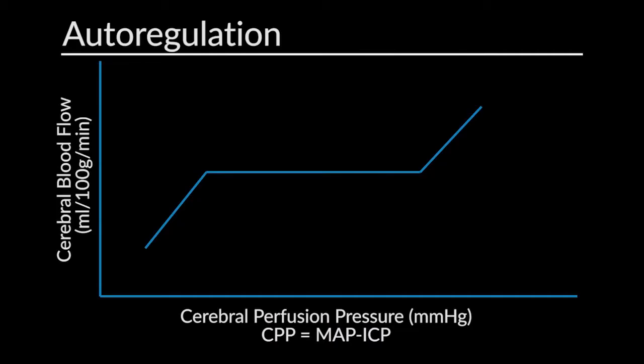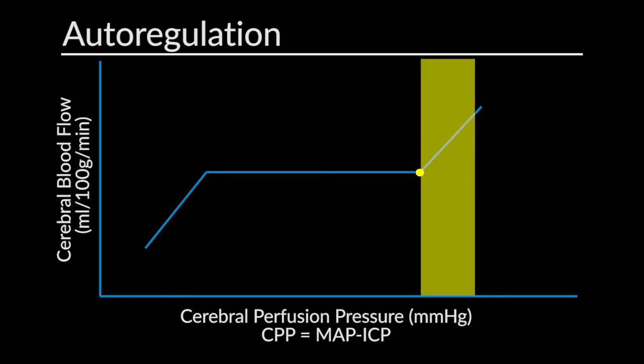But you can see here the concept of autoregulation in the brain, in that along a wide range of cerebral perfusion pressures, your cerebral blood flow stays relatively constant until you hit the extremes, either on the left side of the curve or the right side of the curve, where the brain is unable to compensate.